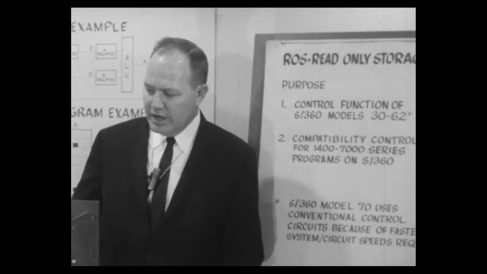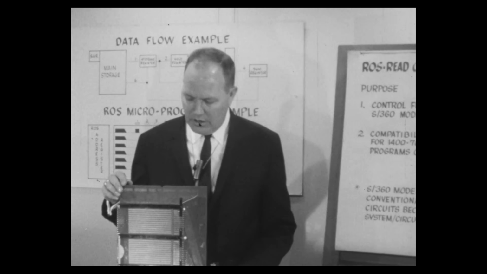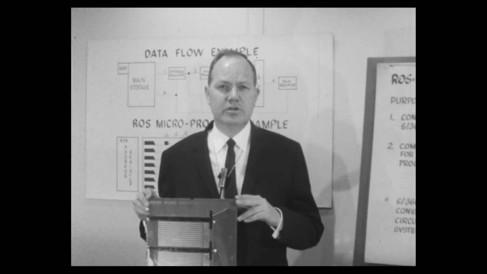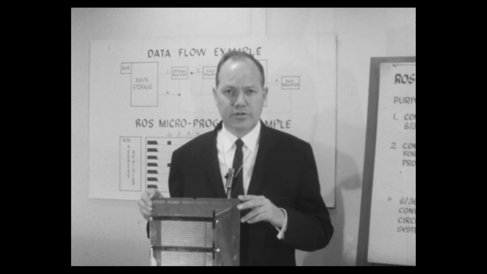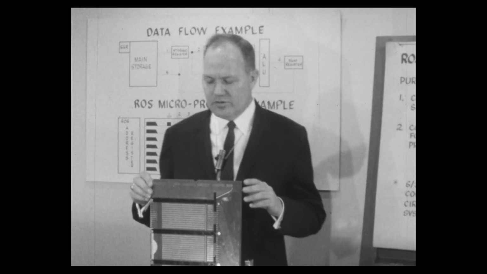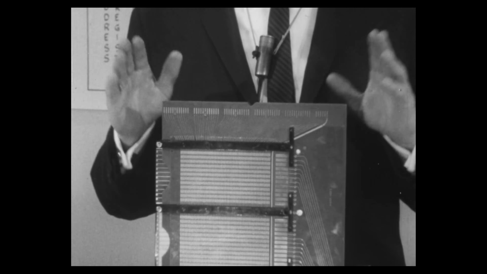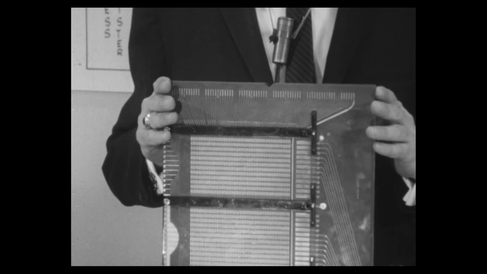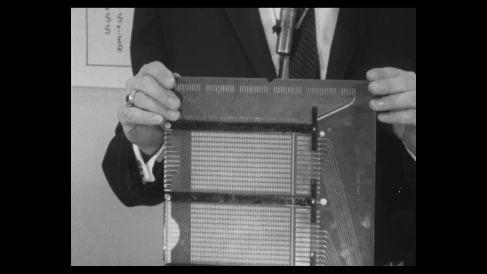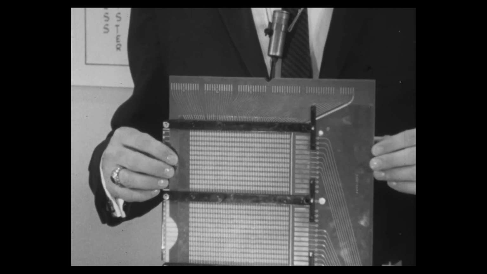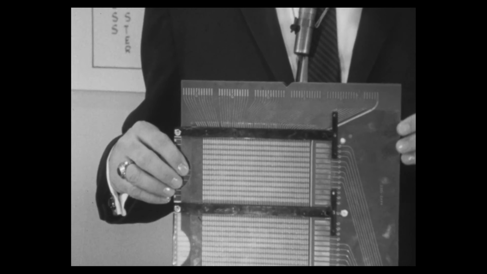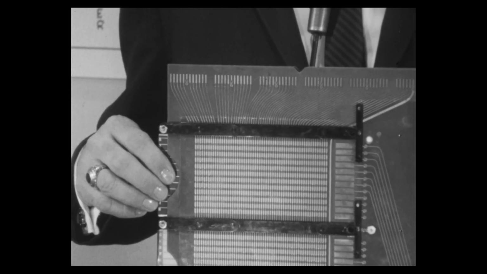Now, by way of illustration, we will use an example of the read-only storage that we find in the Model 30. In this, I simply want to say that the read-only storage replaces all types of tubes, wiring, resistors, capacitors, etc., and puts in a non-write, non-destructive read-only memory.